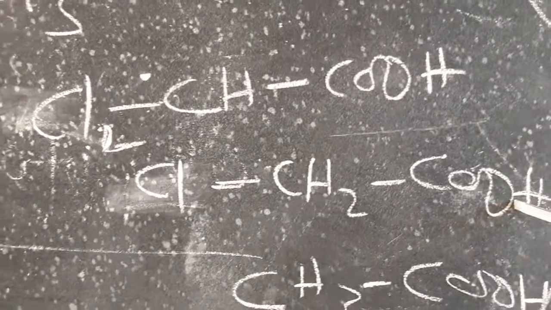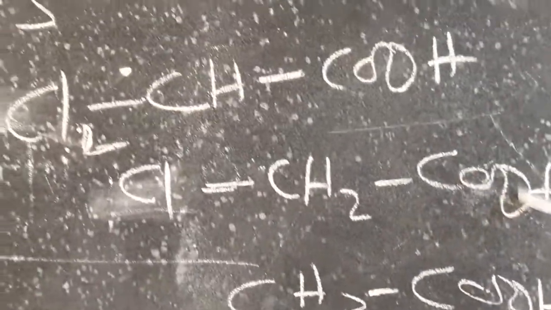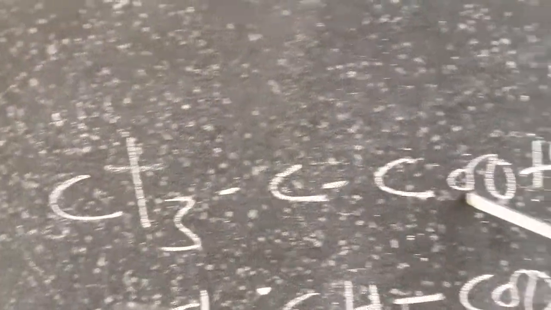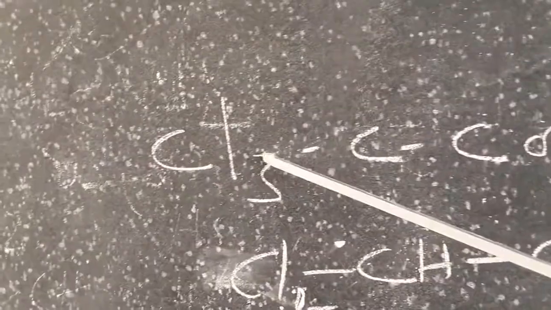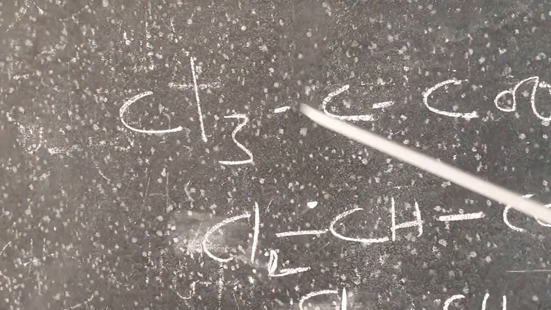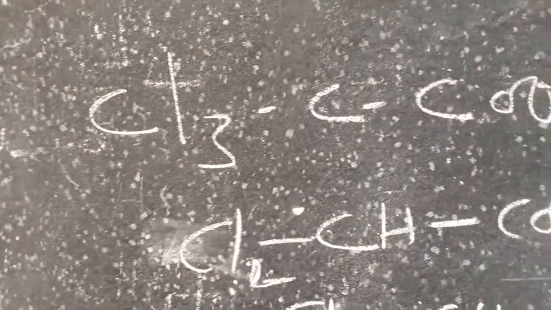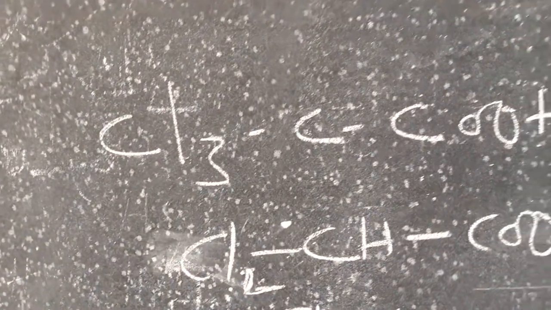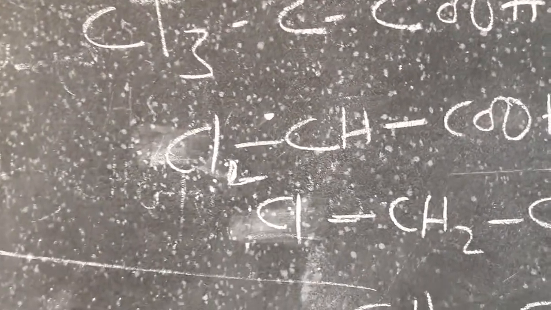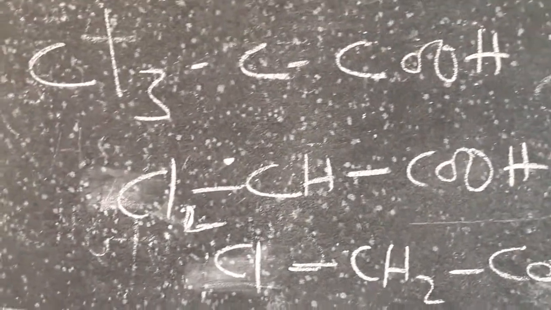This is strong, this is weak, this is strong, this is stronger, and this is the strongest. In this case you can see Cl3CCOOH. This shows the maximum strength, that is, the maximum acidity of the compounds.